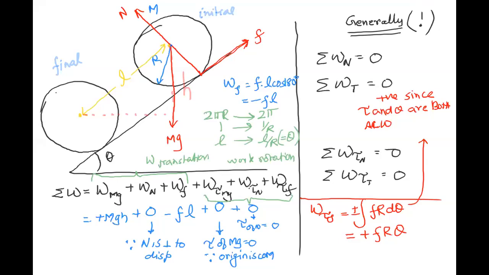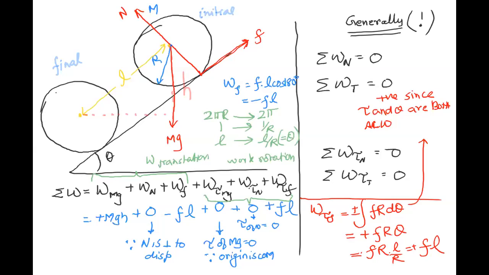If this is the value of theta, I can put it here and I get Fr into L by R, which is equal to plus FL. So the work done by torque due to friction is plus FL. And this is where we arrive at a very nice conclusion.